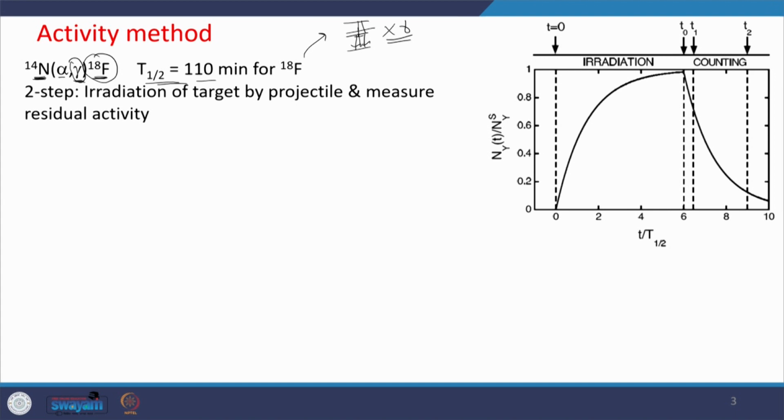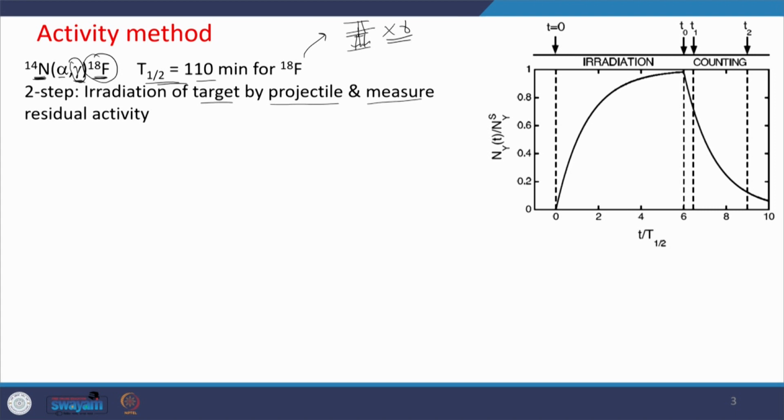All right. So, the activation method involves two steps. Number 1, do not place any detectors within the particle accelerator, just allow the projectile to react with the target nuclei. So, allow the irradiation of the target by the projectile. Then in the second step, you remove the target material, take it to the next room or another laboratory where the detector is placed.